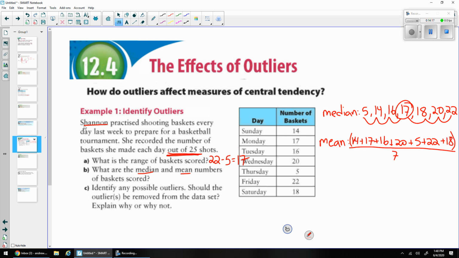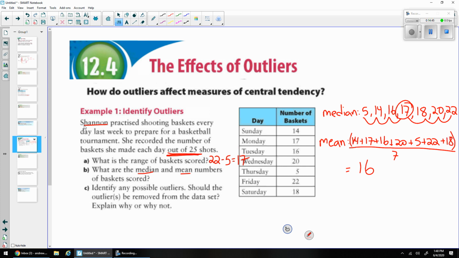So I'll just quickly add that on my calculator. 14 plus 17 plus 16 plus 20 plus 5 plus 22 plus 18 is 112. I divide that by 7, and I get an answer of 16. Okay, so our median is 17 of all of these values, and our mean is 16.